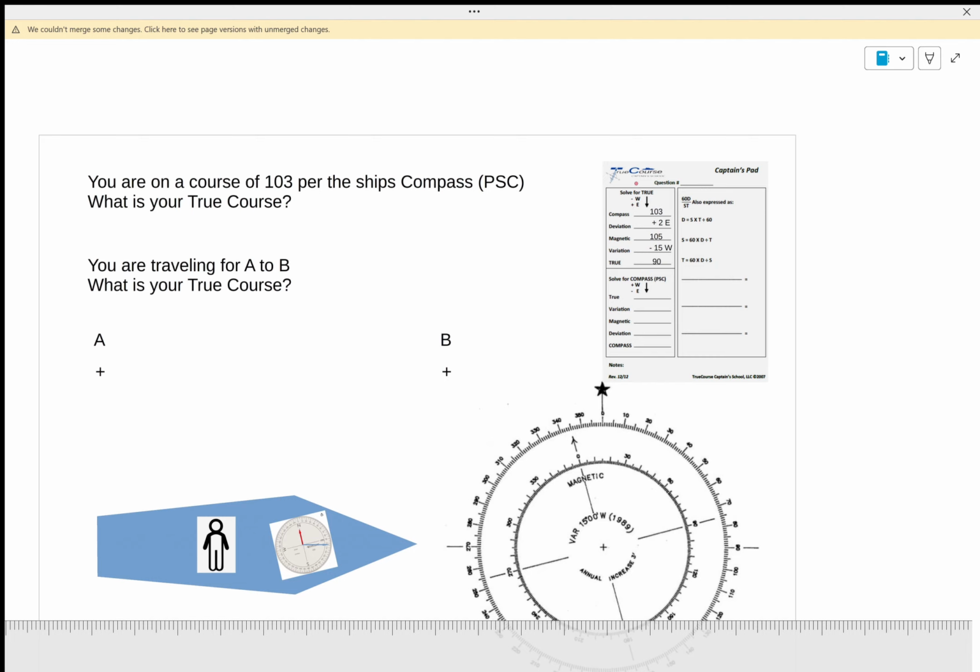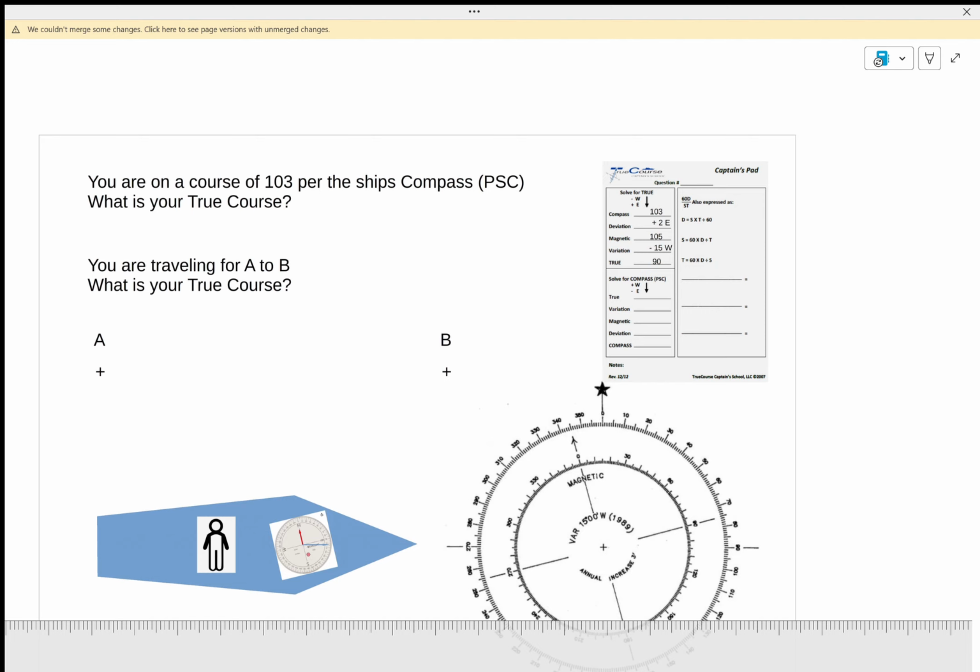That's 105 magnetic. I would then add or subtract my variation. In this case, I subtract my variation because it's 15 west. I'm assuming that I am in Block Island, and I would end up with 90.